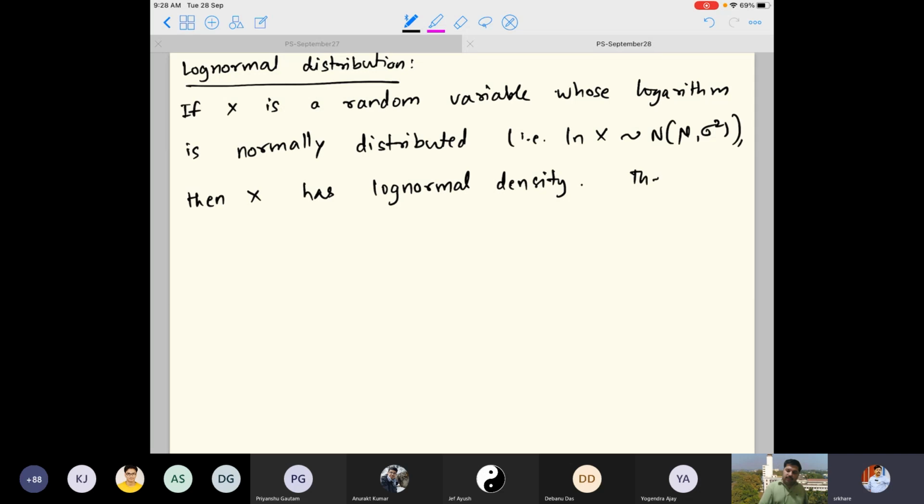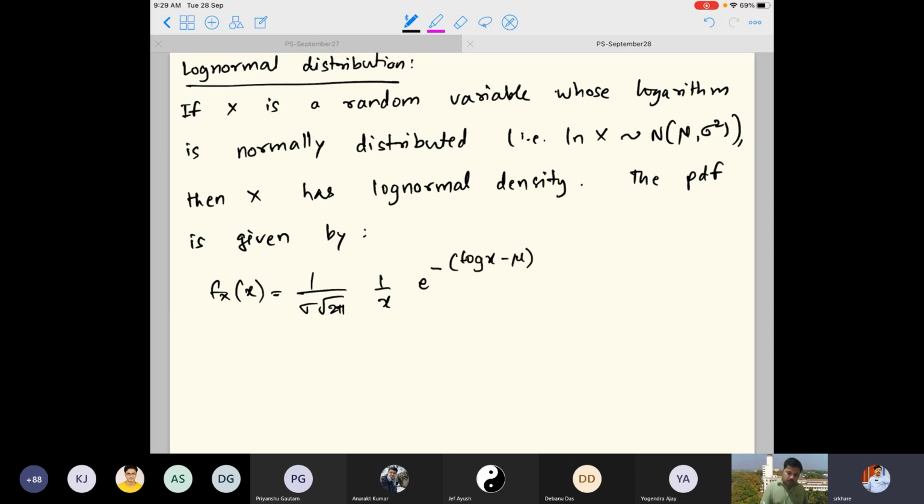And the PDF of this is given by f(x) is equal to 1 upon root of 2 pi sigma, then you have 1 by x, then you have e to the power minus (log x minus mu) whole square divided by 2 sigma square, and you have the range 0 less than x less than infinity, and mu and sigma square.